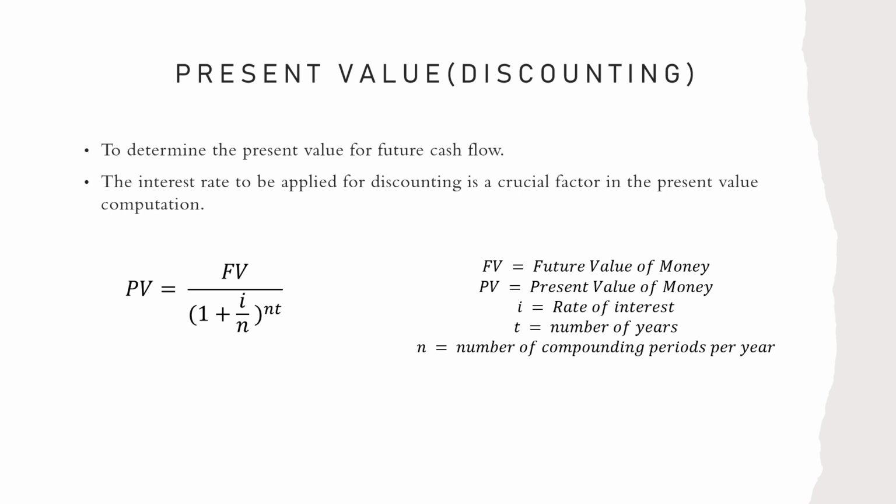Below is the formula that we will use to calculate the present value: present value equals future value divided by (1 plus I divided by N), where N is the number of compounding periods per year, to the power of N times T.